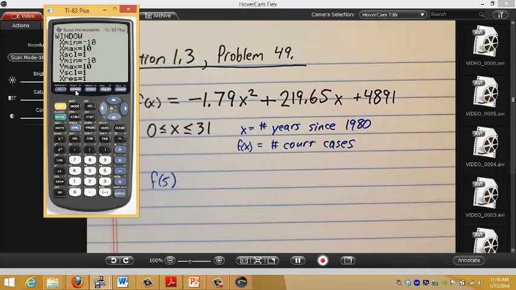It tells me that x can be anything between 0 and 31, number of years. So that means this model is valid from 1980 until when? 2011, right? So I'm going to make x min equal to 0. I'm going to make x max equal to 31. And then for x scale, I'm going to put a mark on the x-axis every 10. That'll help me read the graph more clearly.